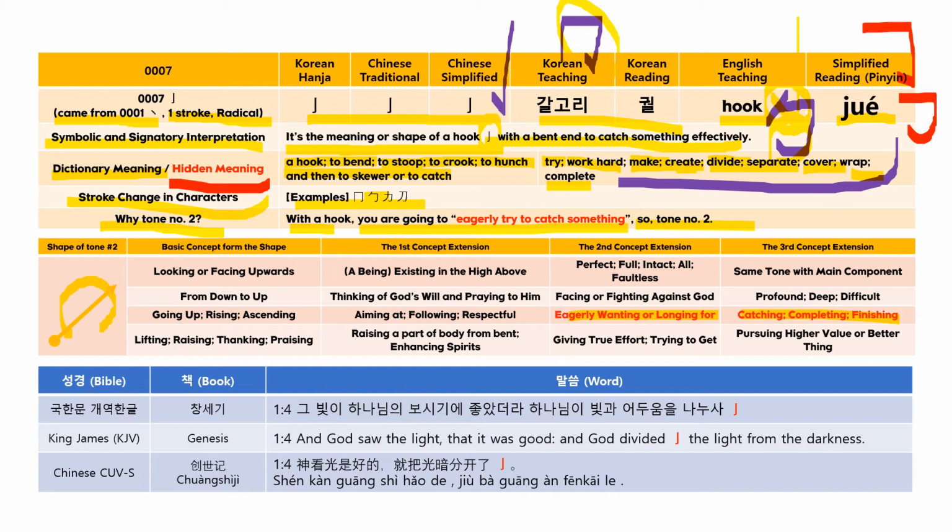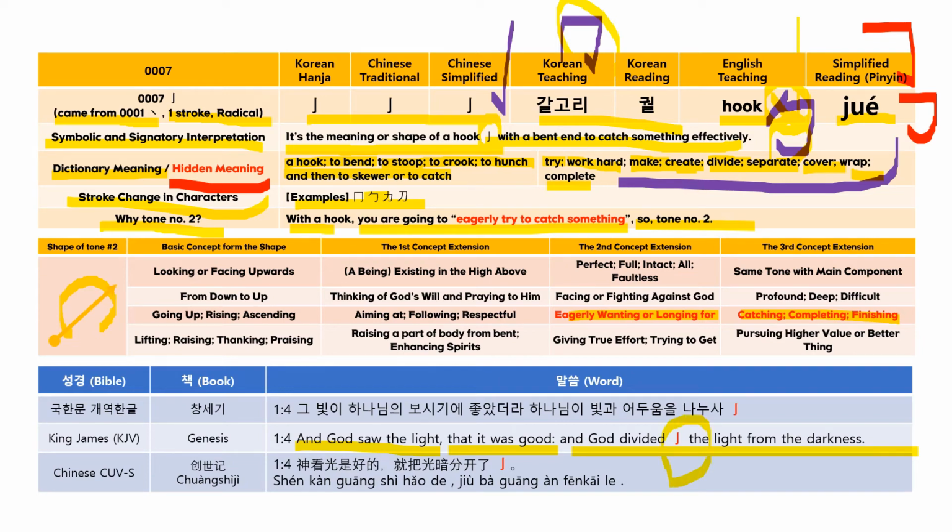So for your reminder of hidden meanings, I have added some Bible verses. God saw the light that it was so good, and God divided the light from the darkness. Actually, divided.